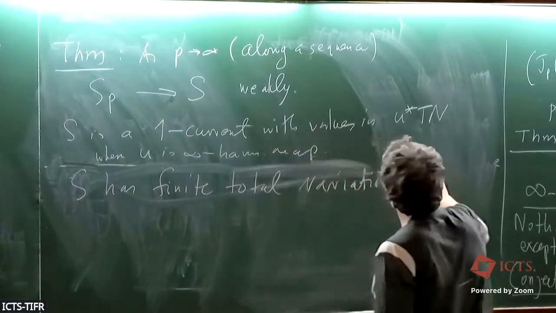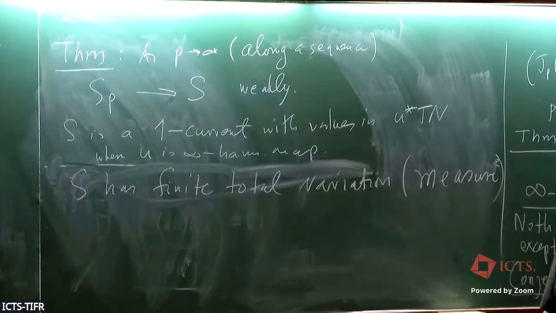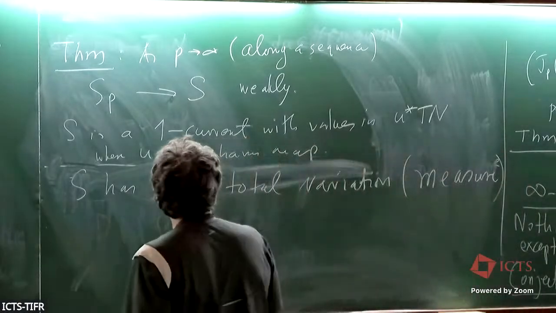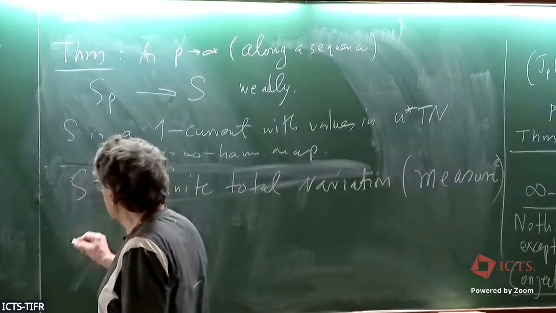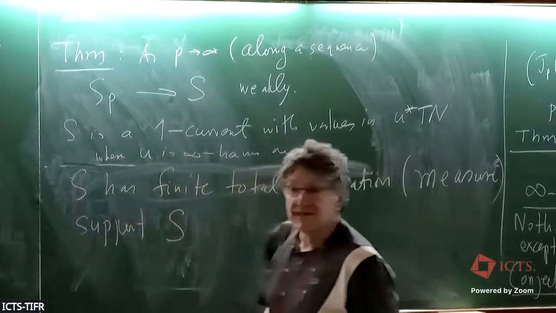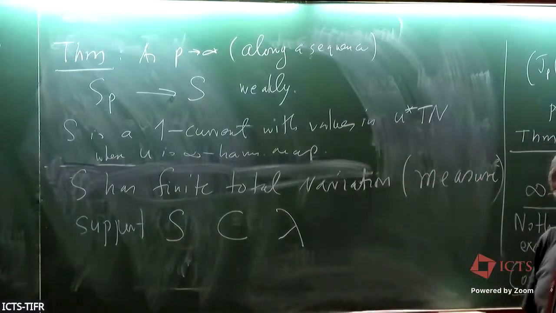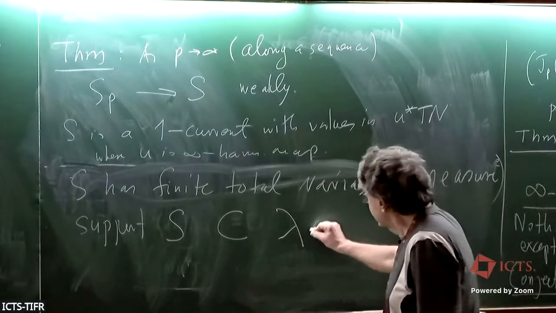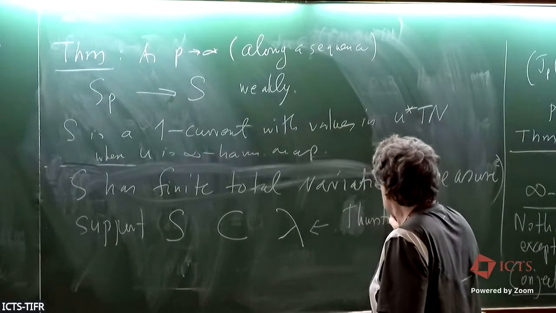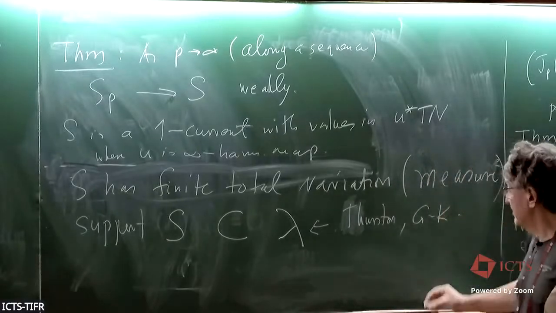In particular, it's a Radon measure with values in the pullback of the tangent bundle. The more important thing is that the support of S is contained in lambda, the canonical lamination, the Thurston lamination, or the Rito-Castle lamination.